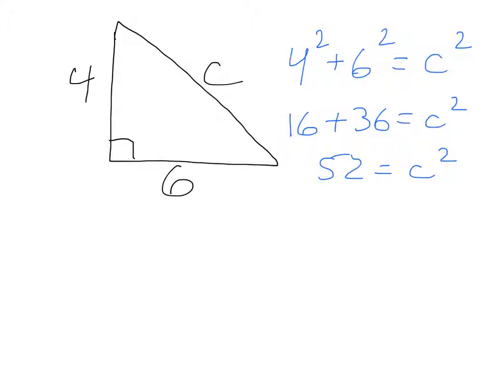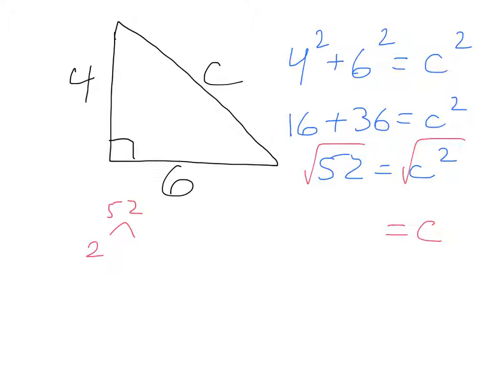What do I do next? Square root of both sides. I know the square root of c squared is c. But the square root of 52, I wonder if I could simplify that, because 52 is definitely not a perfect square, right? So let's see, 52. What goes into 52?